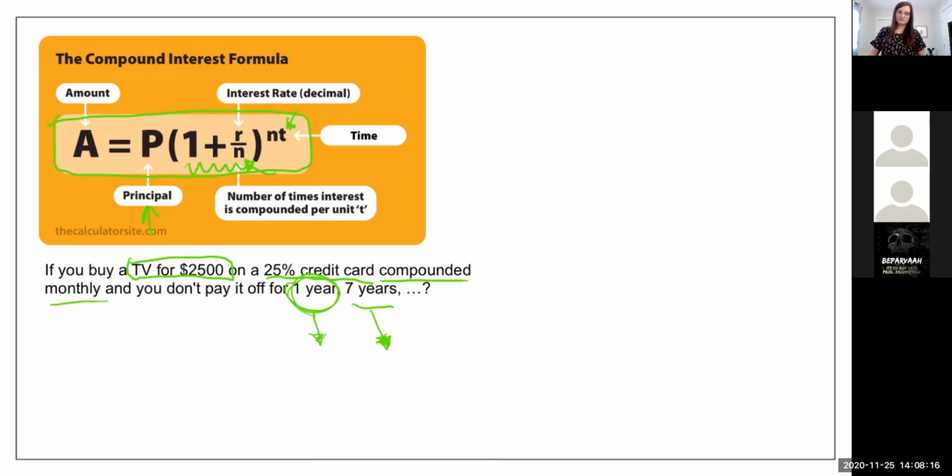So let's see here. For 1 year, your principal is 2,500. And then you're adding 1 plus the rate, which is 0.25. That is divided monthly, so it's to the power of over 12, but you're doing it 12 times and for 1 year.